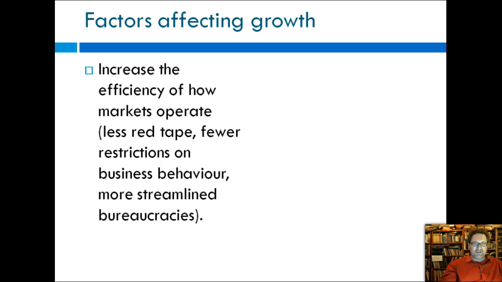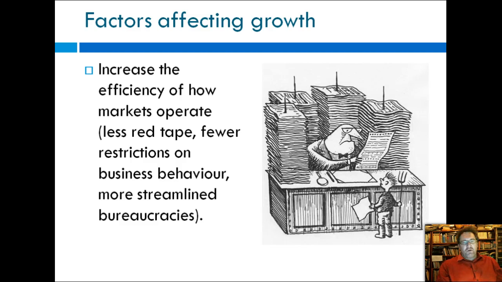So if you can eliminate red tape, eliminate or decrease the number of restrictions on business behaviour of various kinds, having more streamlined bureaucracies, eliminating, well, the list goes on, eliminating various kinds of monopolistic or anti-competitive behaviour on the part of corporations, then that's a way in which you can increase the productive capacity of the country.